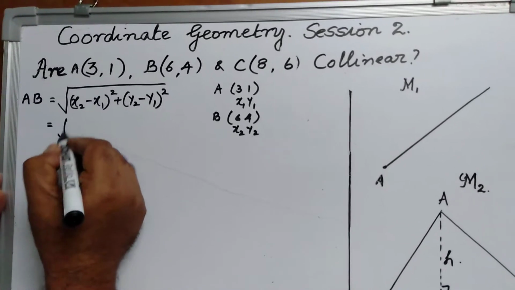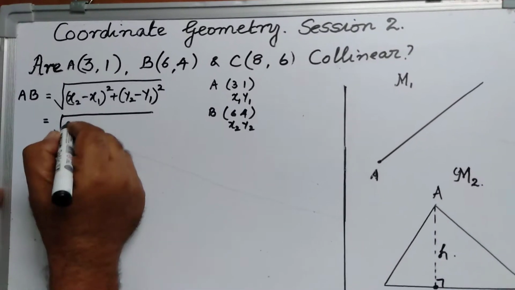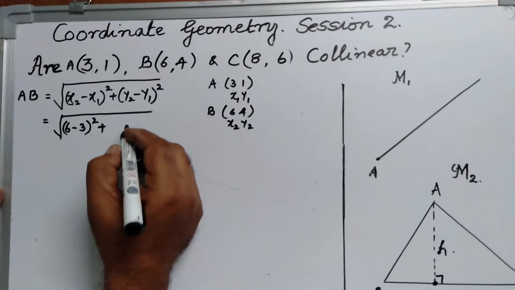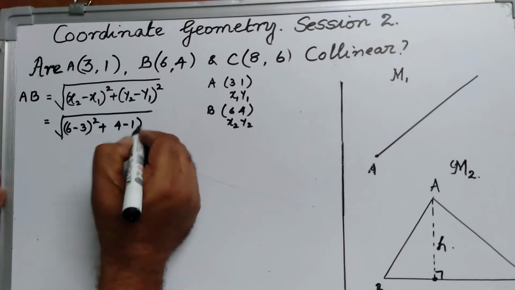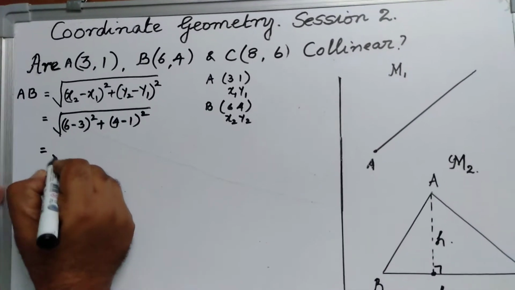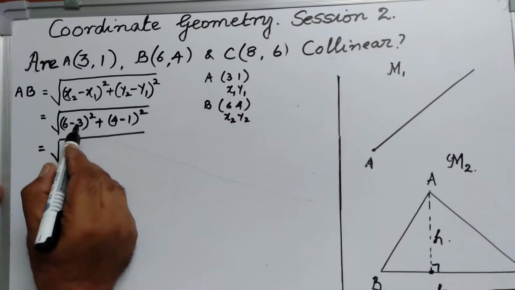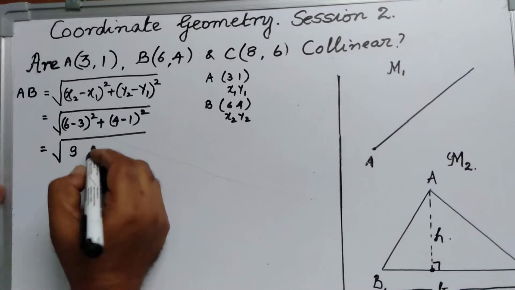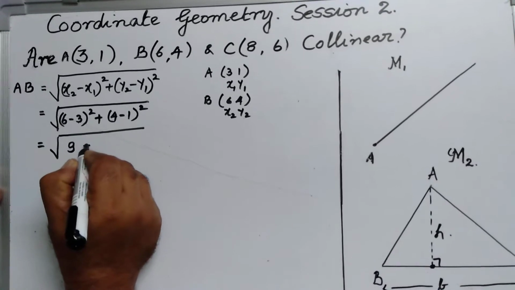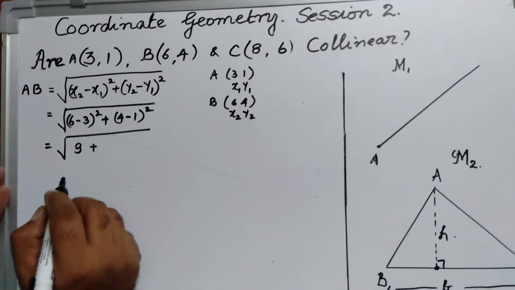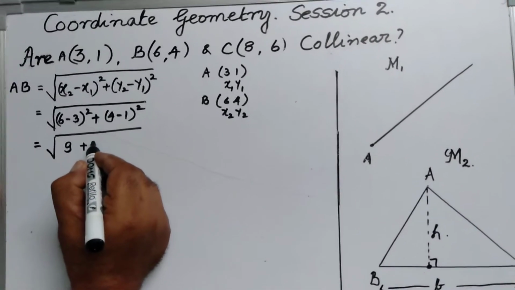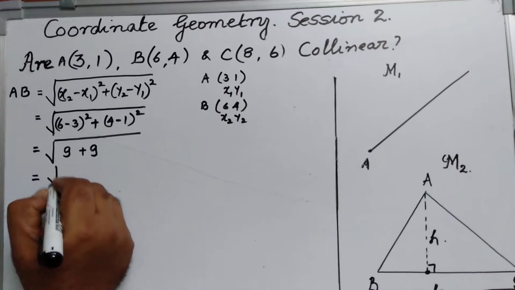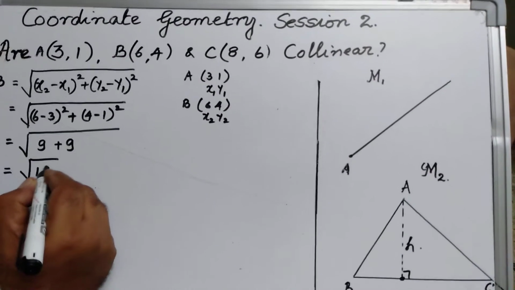That is equal to root of (6 minus 3) whole square plus (4 minus 1) whole square, equal to root of 3 whole square, that is 9, plus 3 square, that is 9. That is equal to square root of 9 plus 9, which is 18.